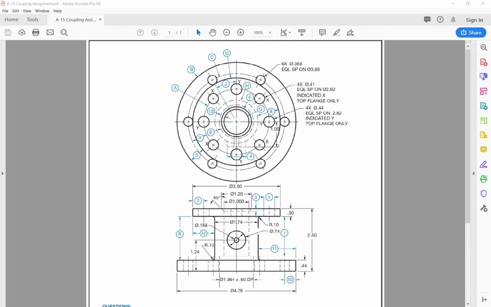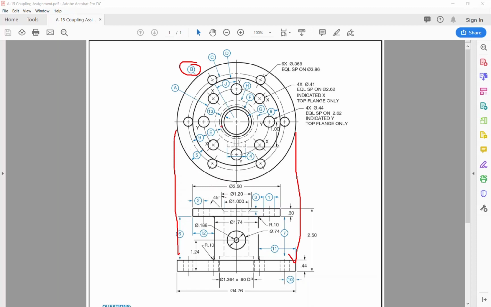So let's look for circle B. I find circle B right here. It's again the visible circle, it's drawn. It's representing the diameter, the OD, of the large bottom flange. And again, use your ruler.